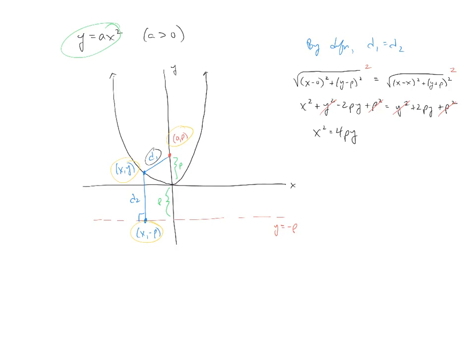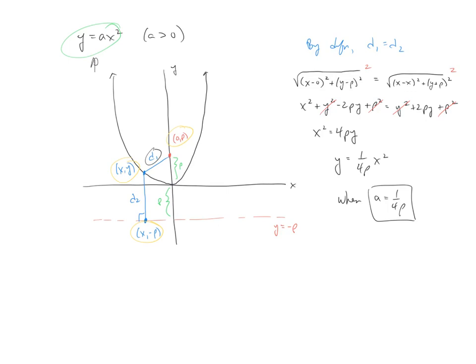Now, remember, we're trying to work with this thing. So if I take this step here and I divide by 4p, I get y equals 1 over 4p times x squared. Well, that is this equation right here when a is 1 over 4p. And so that's that secondary formula.